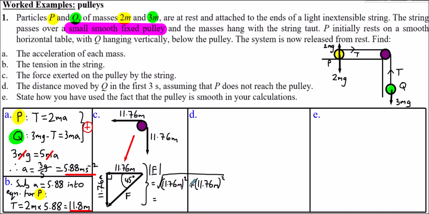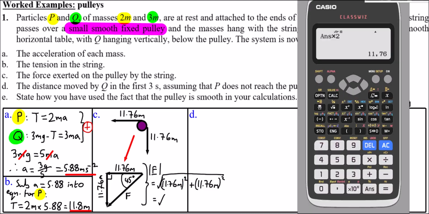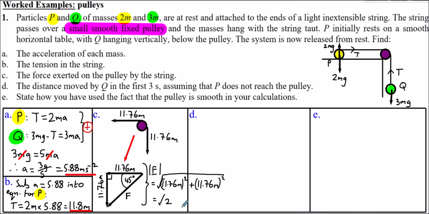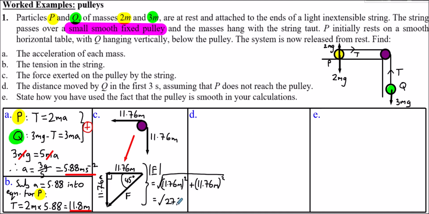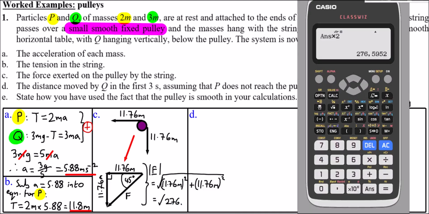And so if I square 11.76 m, we get this value here, plus another of the same, so multiply that by 2, we'll get 276.5952 m squared, which needs square rooting.